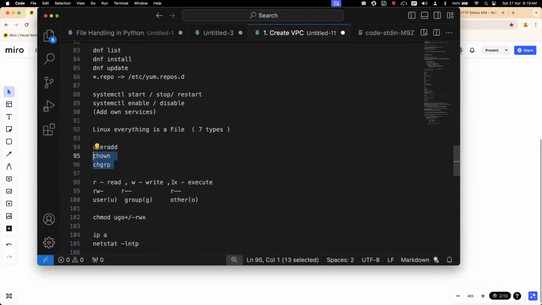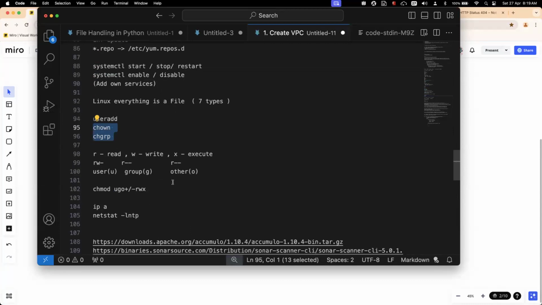Finally, ip a to show the IP addresses, and netstat to see the open ports, by the way.